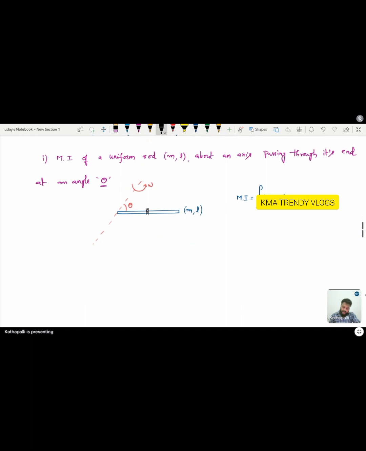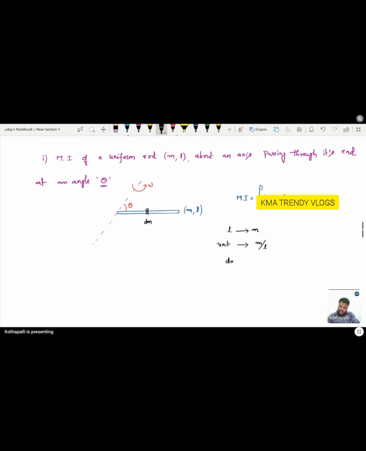Here somewhere there is dm, a small amount of mass. I can express the value of this dm as follows. In L length there is m amount of mass, so in unit length there will be m by L amount of mass.